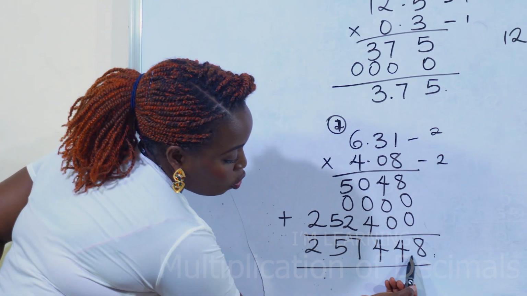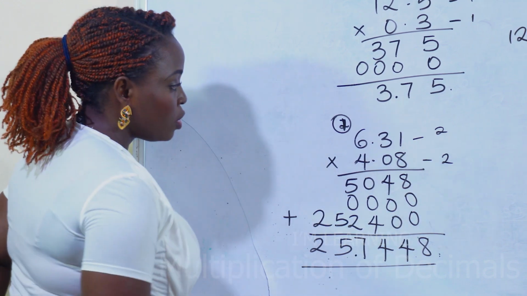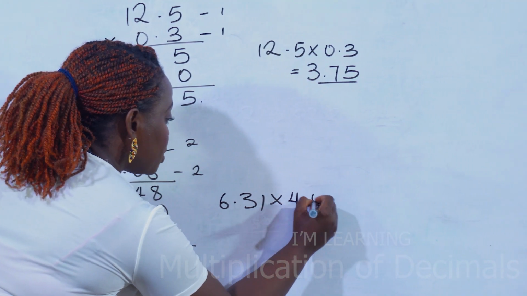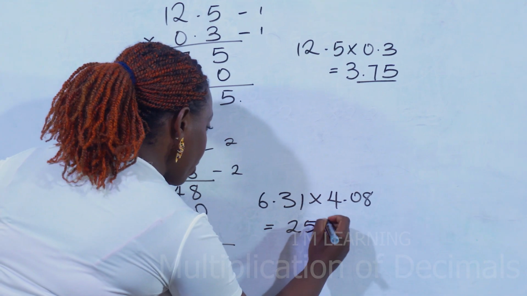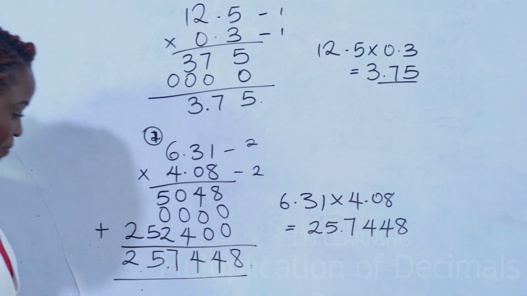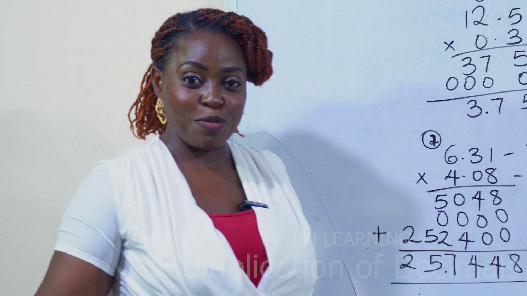So let's go. 1, 2, 3, 4. So 6.31 times 4.08 is equal to 25.7448. Voila. And that's how you do your decimal multiplication.